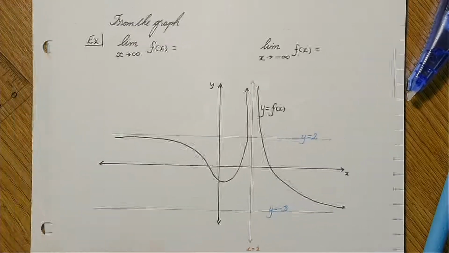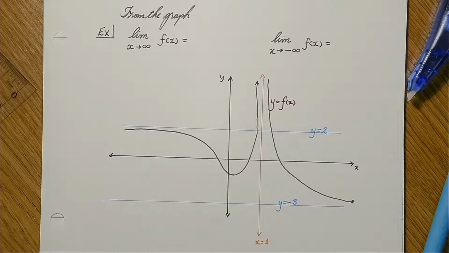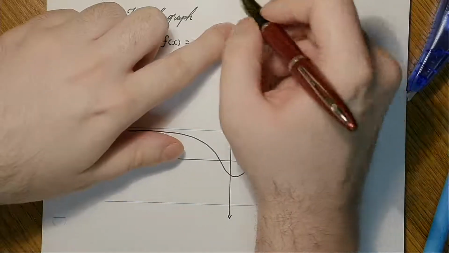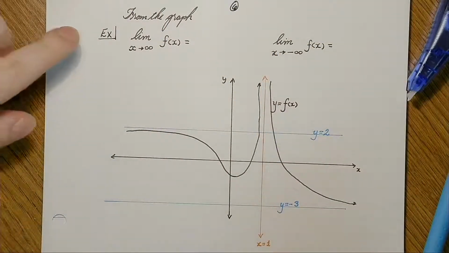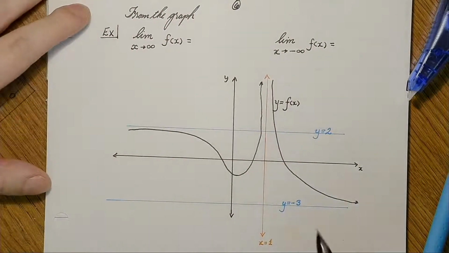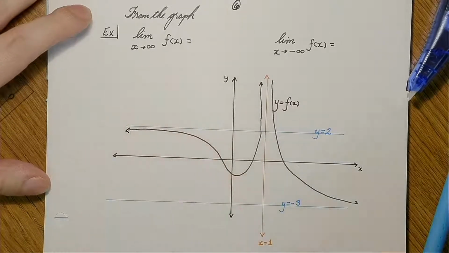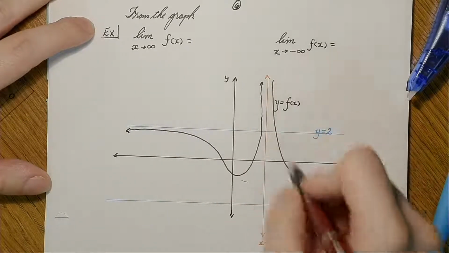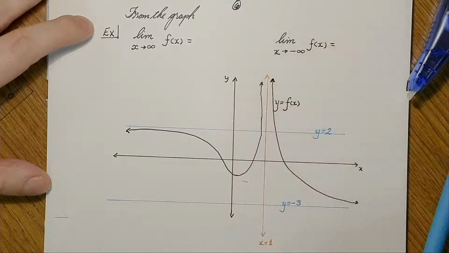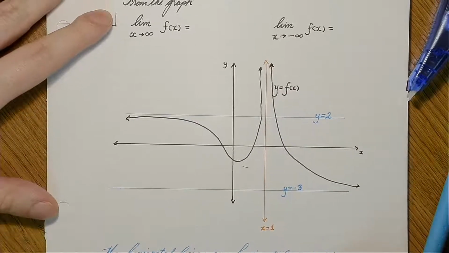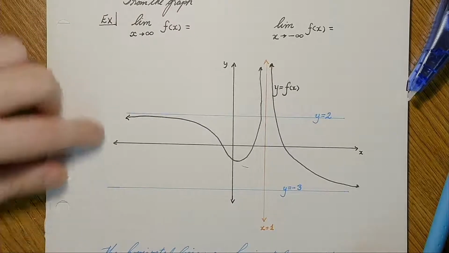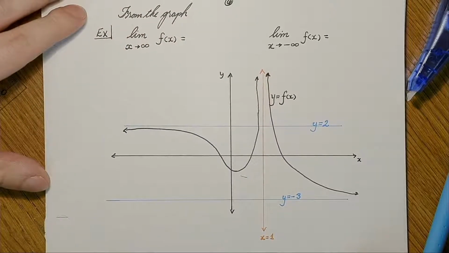Now, we could be finding a limit involving infinity from a graph. So for instance here, I have a graph. This is the black curve here, which is the function. And I have 2 horizontal lines and 1 vertical line.